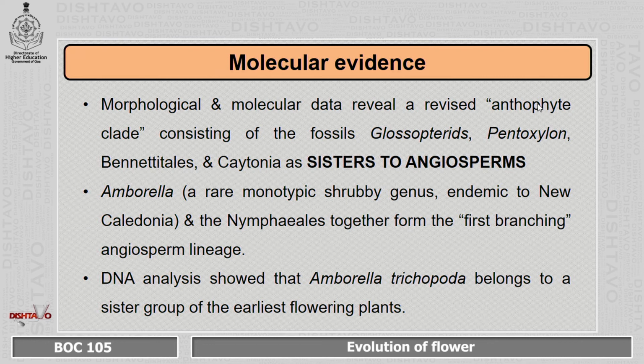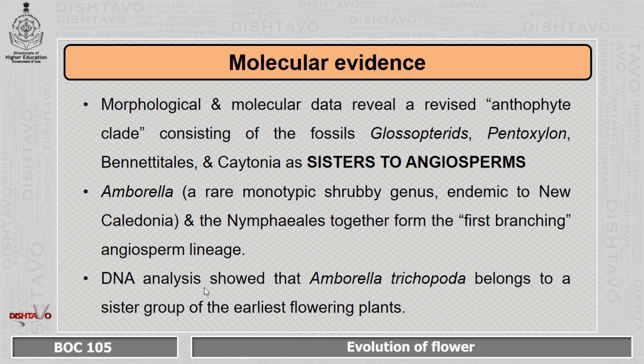According to this, anthophytes are those which have the flower as a reproductive structure. Based on the earlier opinion, Gnetales were included, but now according to the new data, Gnetales is not included, only these basal angiosperms are included. Amborella, a rare monophyletic shrub genus endemic to New Caledonia, and the Nymphaeales together form the first branching angiosperm lineage.